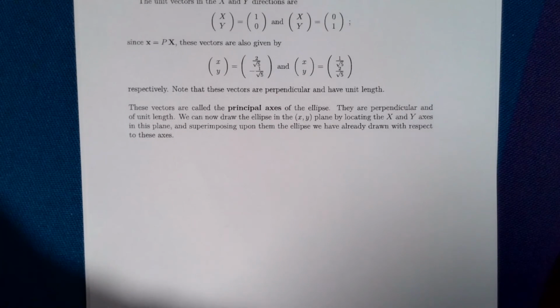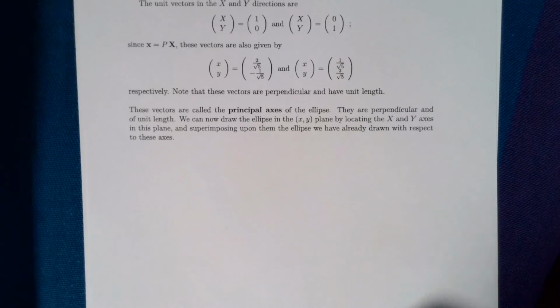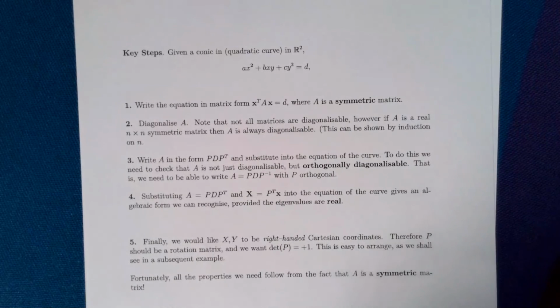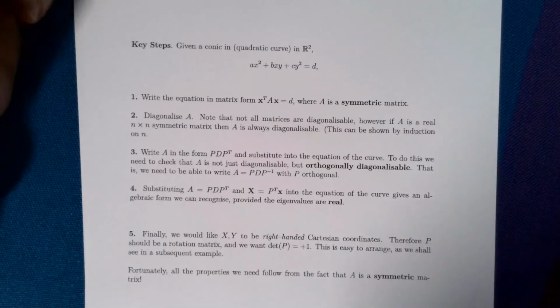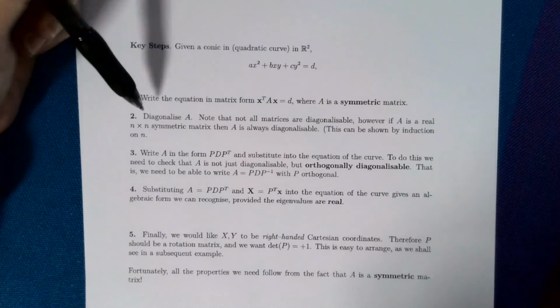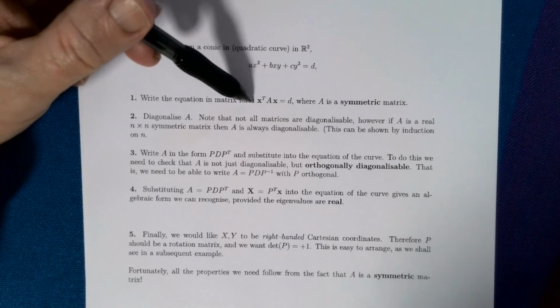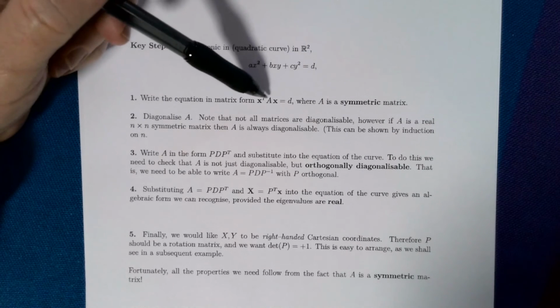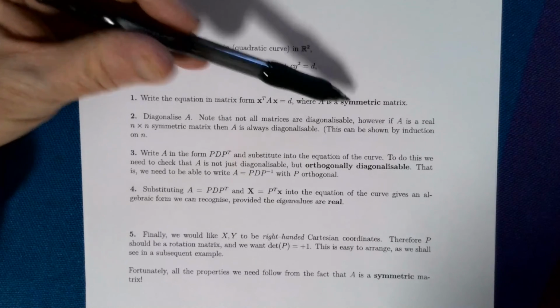So just to summarise what the key steps were up to this point: once we were given a conic or a quadratic curve in R squared of this shape, we firstly write the equation in matrix form, x transpose AX is D, but we make sure we arrange it so this A is a symmetric matrix.